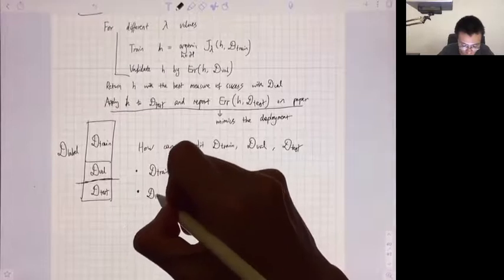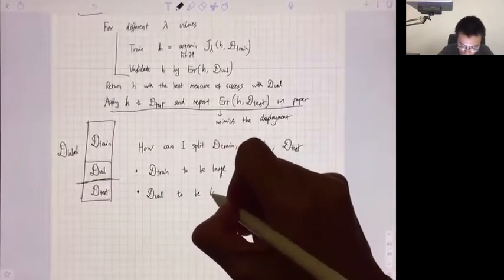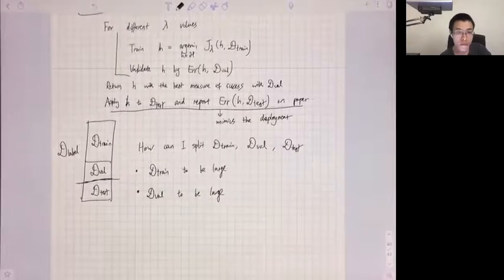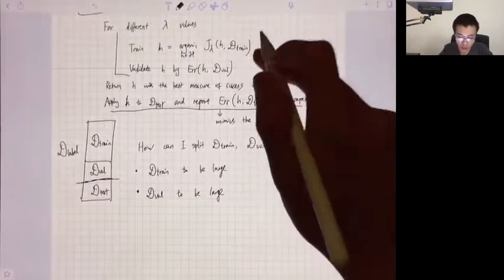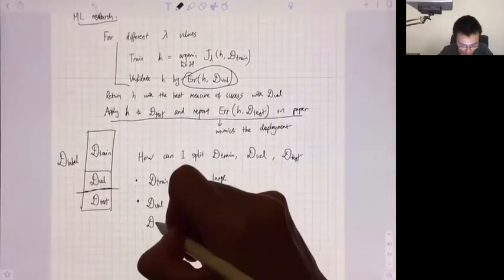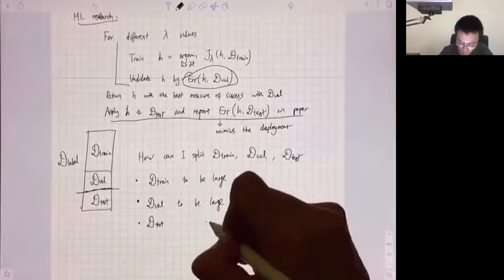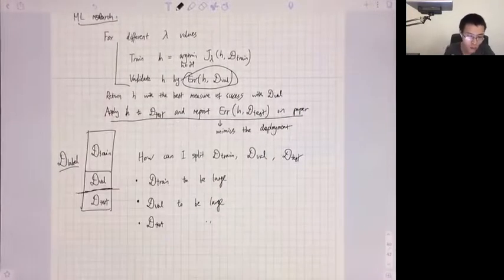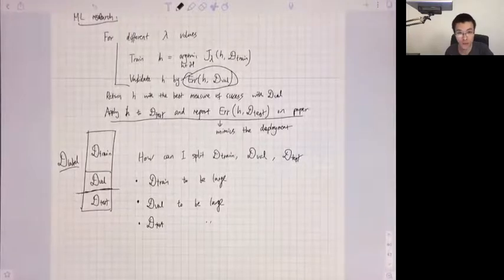I also want my D-val to be large. Because if you have a large validation set, then this part usually gives you a better estimate of your hypothesis, right? You have a low variance in evaluating your hypothesis. You also want the test to be large. Then it's a contradiction, because the total budget you have is a fixed D-label, and you want to split it into a few parts, and you want each of them to be large.